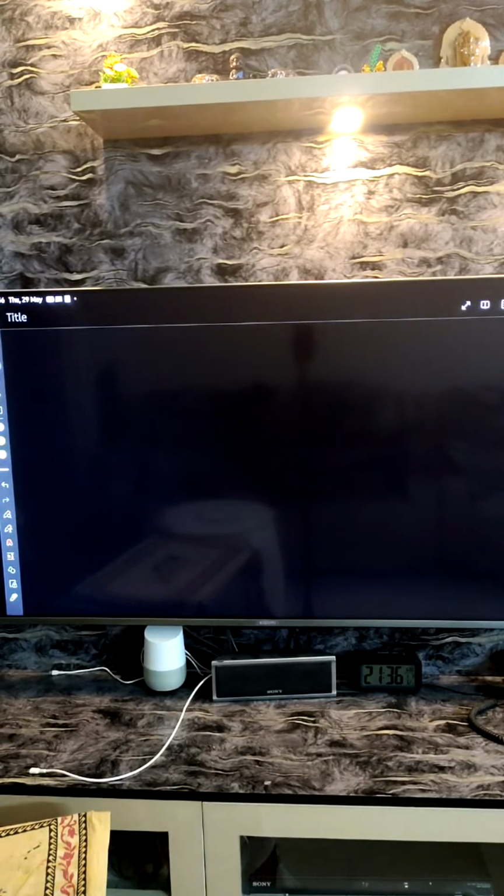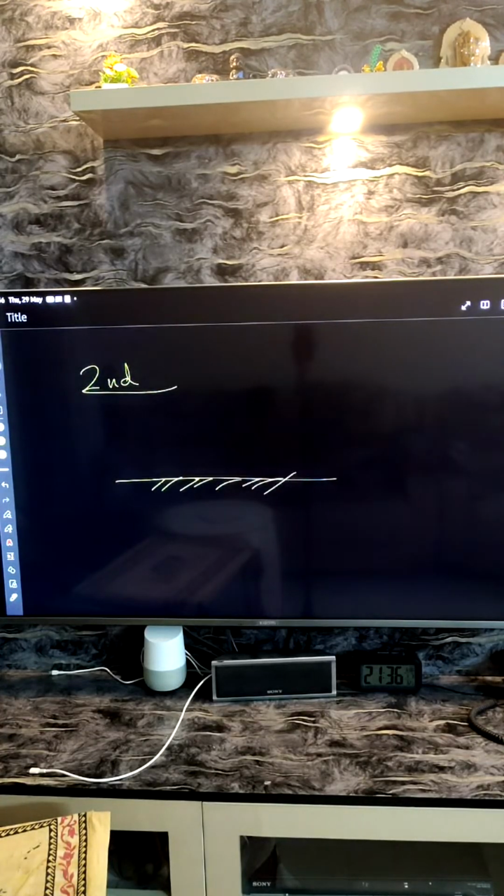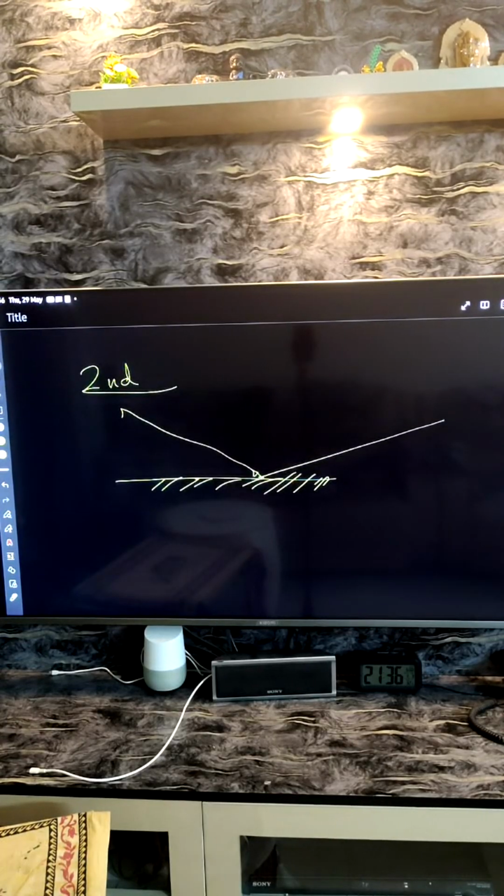Now, the second law of reflection says that the incident ray, the reflected ray, and the normal all lie in the same plane. I had to go 3D to show this to you guys, but let me show you. Let's say this is the mirror. When the incident ray strikes, the reflected ray goes, and we have the normal.